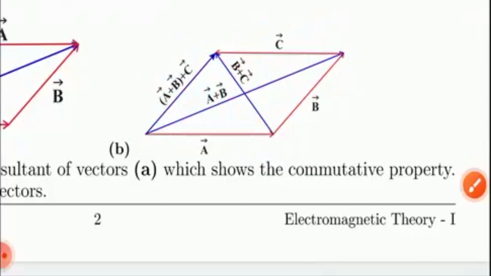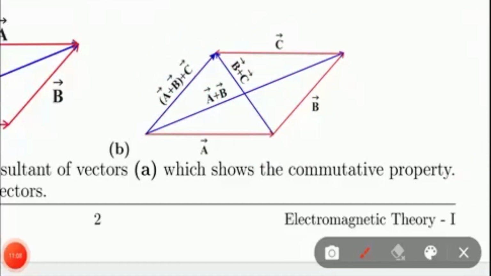We can add them the other way around. Over here you see that if we choose vector B and C as a first vector, so here you see that if we choose vector B as a first vector, and then vector C as the second vector, and now we want to add the vector B and C, so we will get a resultant B plus C over here.